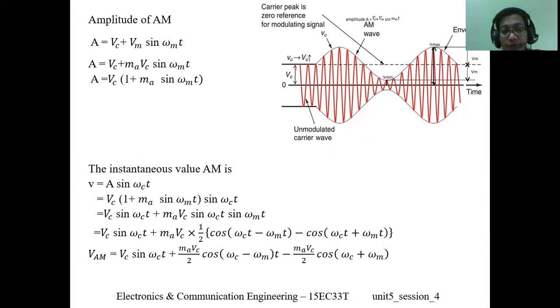Here this amplitude is VC, and this amplitude is VM. This is V minimum and this is V maximum.